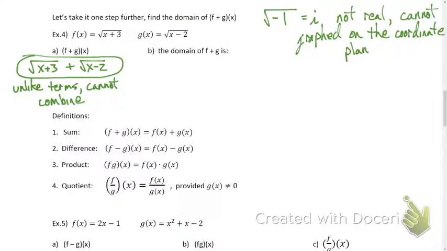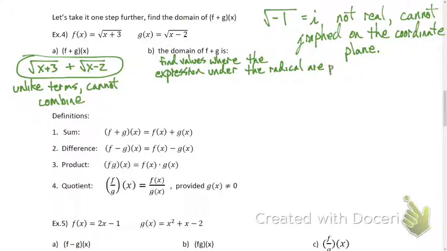So when they ask about the domain of that square root function that we just found in part A, we have to figure out where it's positive, where the value underneath is positive. So find values where the expression under the radical are positive.